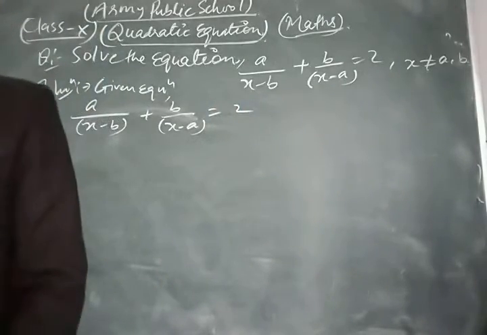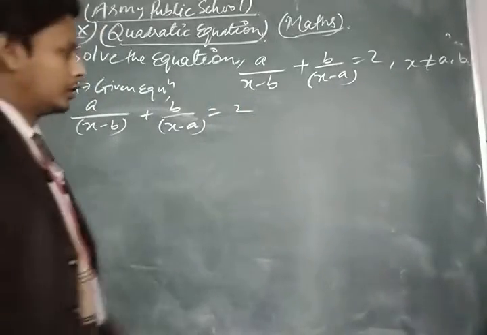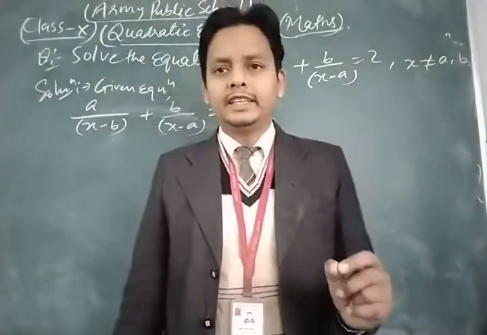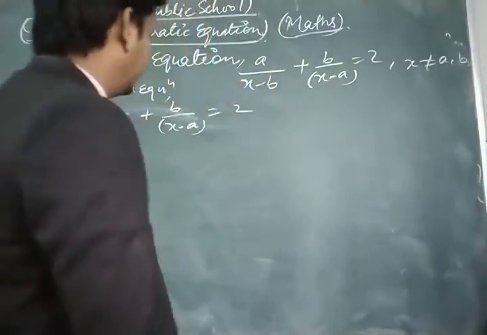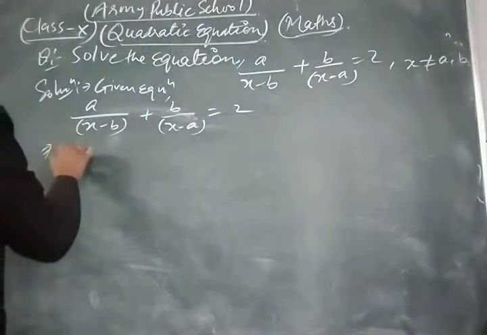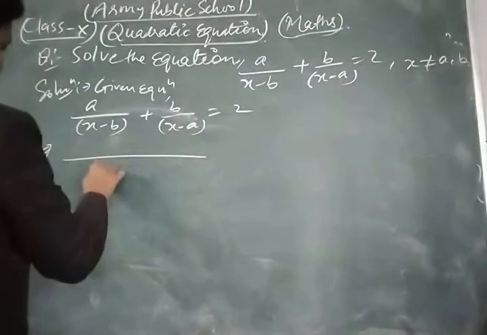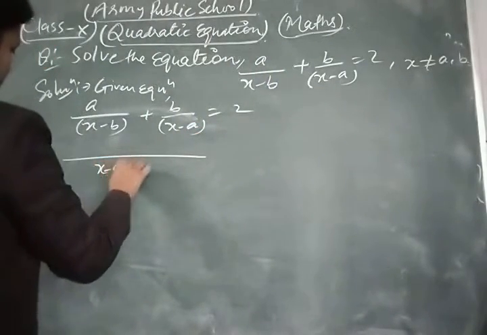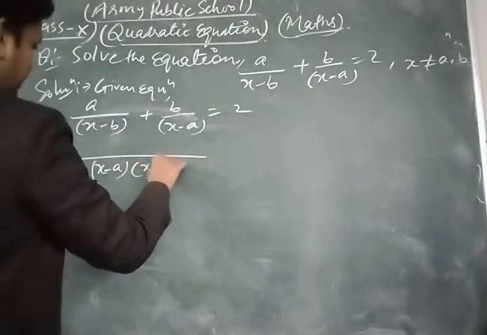Now what do we do for that? We take their LCM, which is (x minus a)(x minus b).